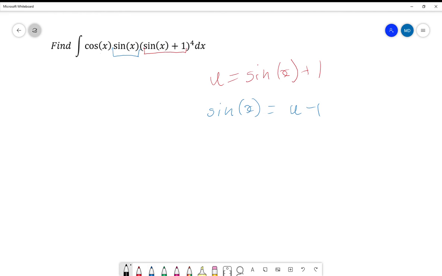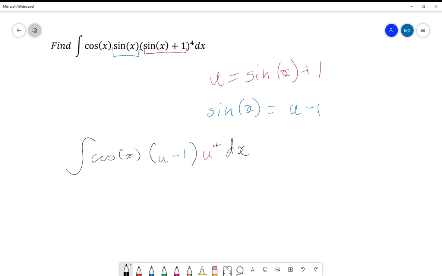Therefore we can rewrite this as the integral of cosine of x, I'm going to leave that for now, we could rewrite that in terms of sine and therefore in terms of u, but I'm going to leave it for now, multiplied by u minus 1, which is the substitution for our sine there, multiplied by u to the power of 4, which is our substitute for sine x plus 1, dx.